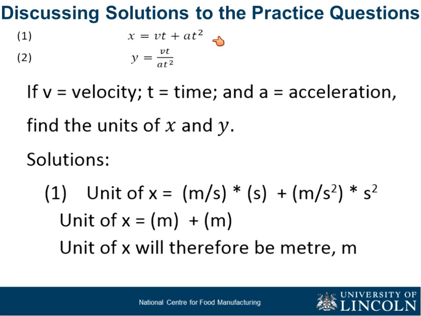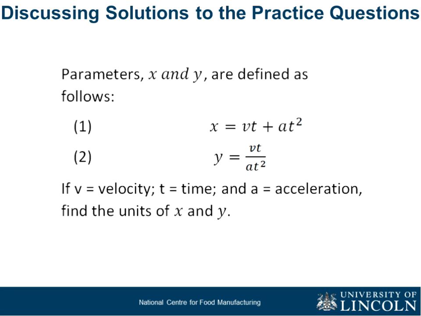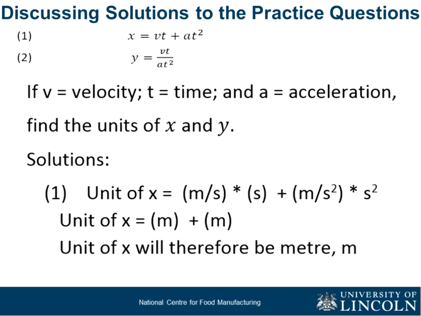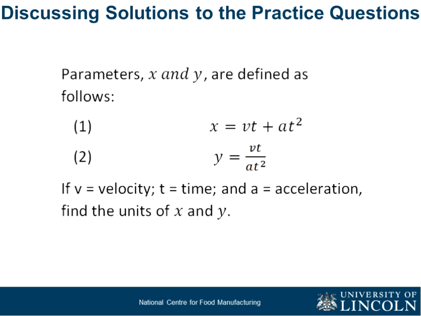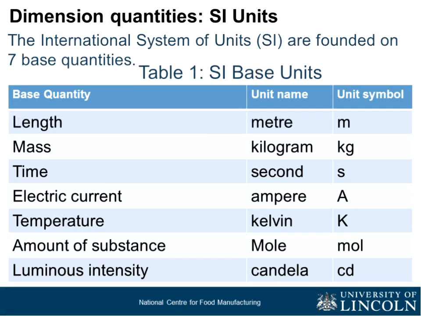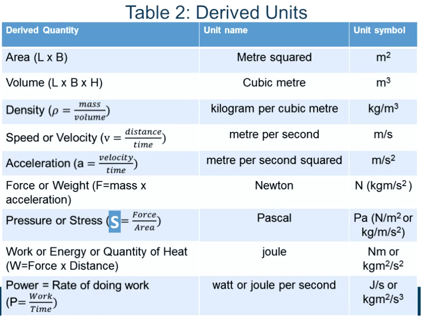I explained earlier that if you can add them together, they must be in the same unit. And we said earlier, here, that our velocity is measured in meter per second.